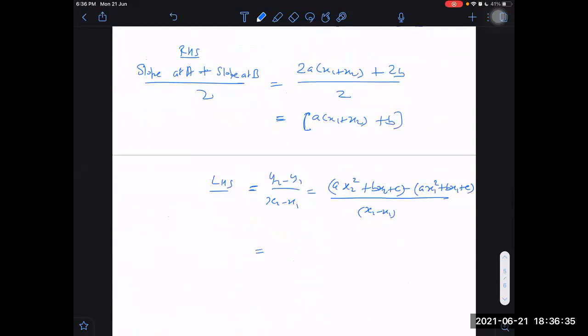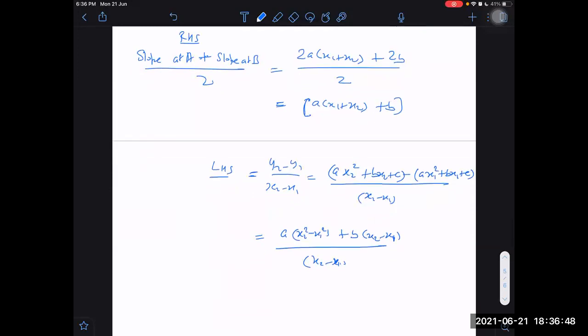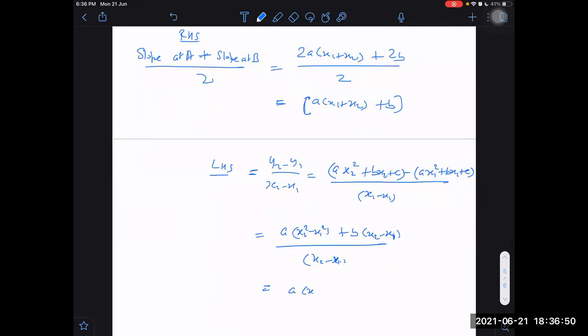What do I get? I think I will be getting a into x2 square minus x1 square plus b into x2 minus x1 divided by x2 minus x1, which is equal to a into x2 plus x1 plus b. That is LHS. Is LHS equal to RHS or not?